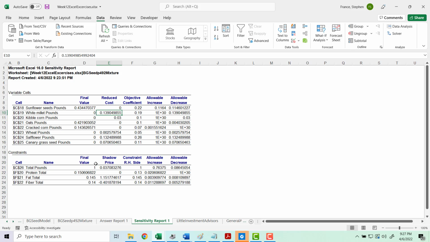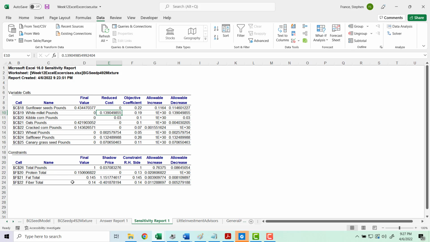Because of the constraint, the total pound really doesn't mean very much. But again, increasing the fat total by 1 increases the price, the fat required increases the price by 1.15. But we only have a very slightly allowable increase there.